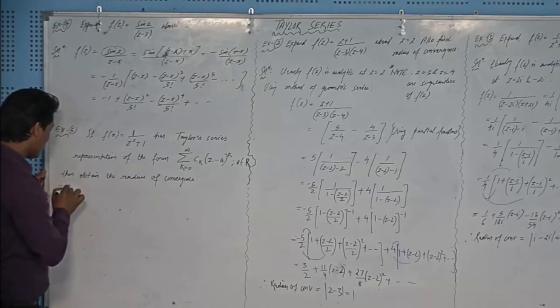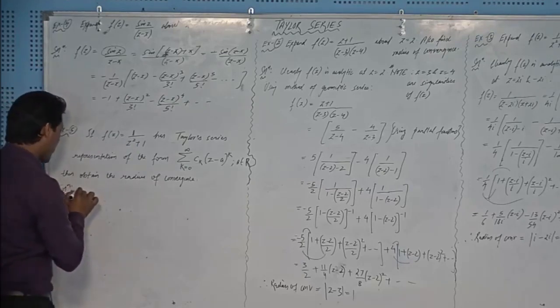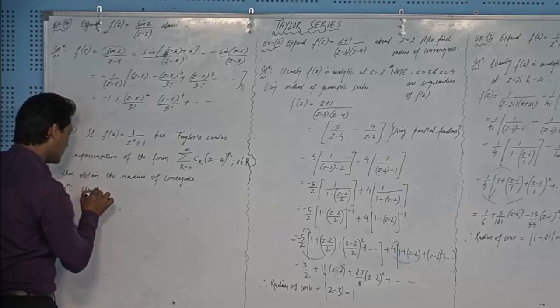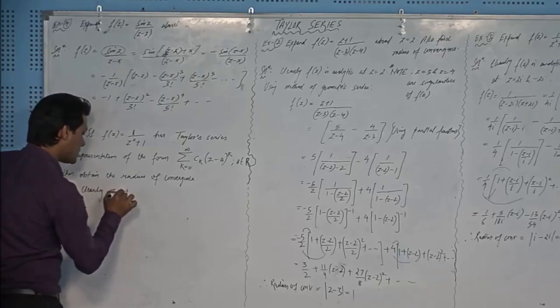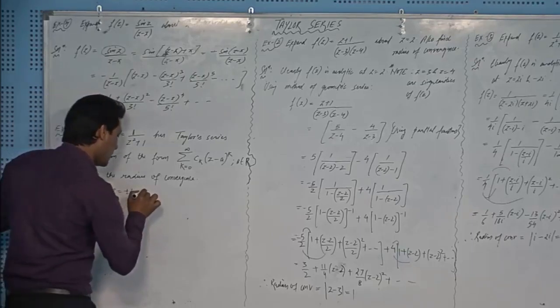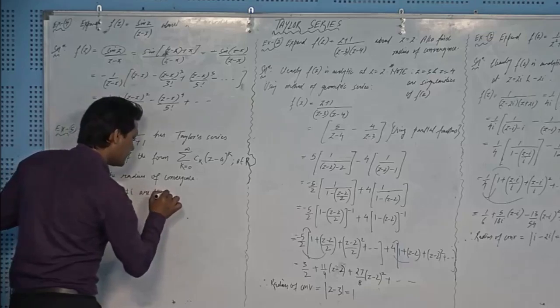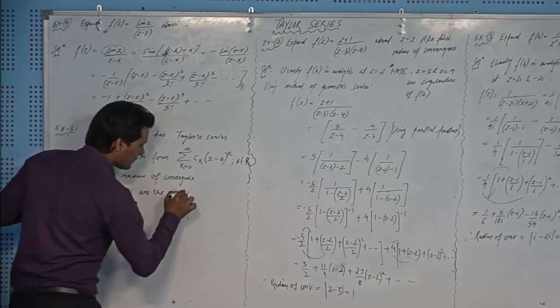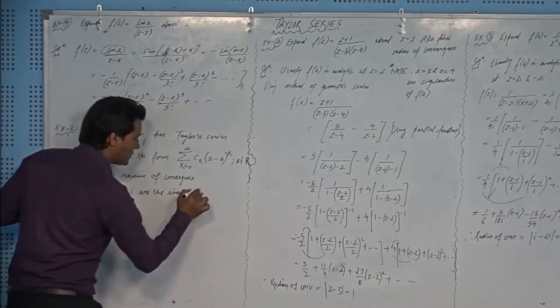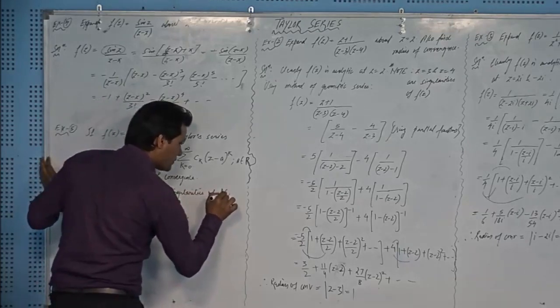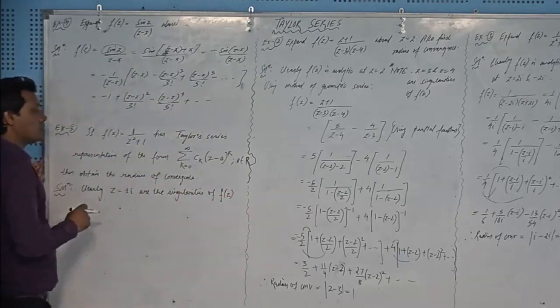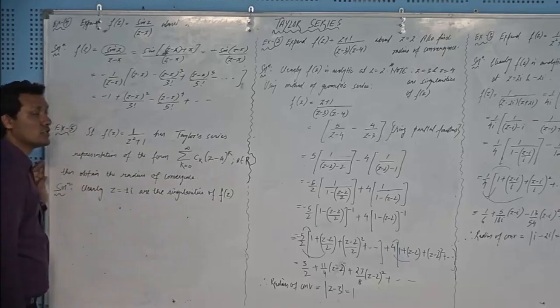Solution: clearly z equal to plus minus iota are the singularities of f(z), right? And the center of the series is z equal to a.